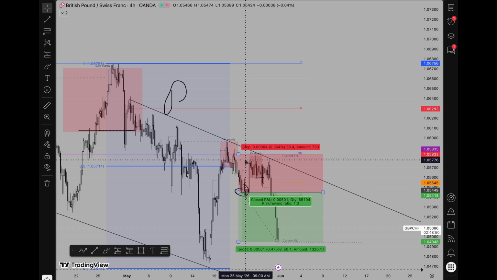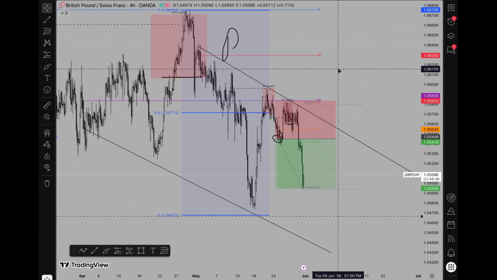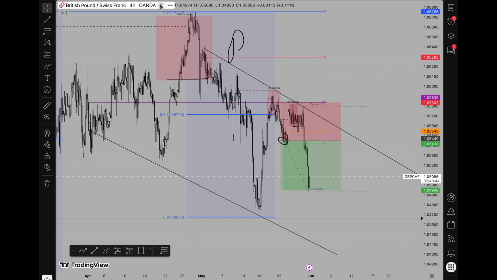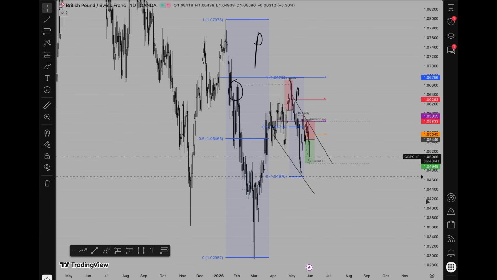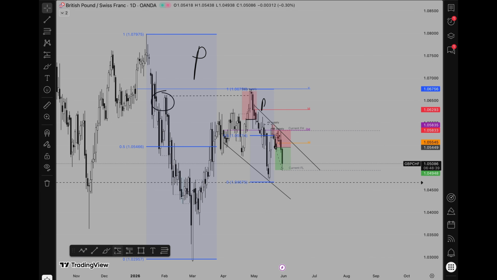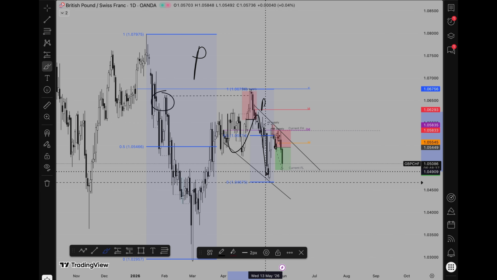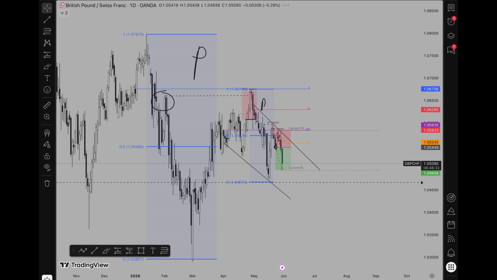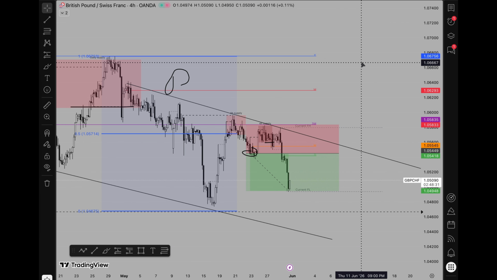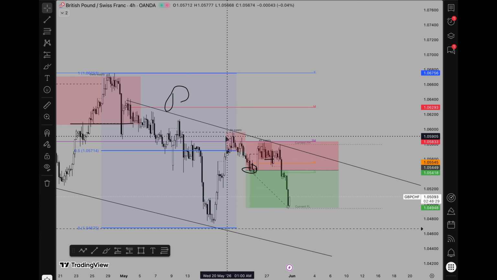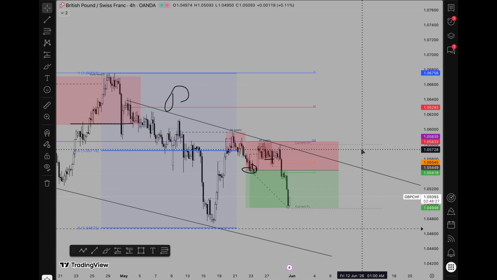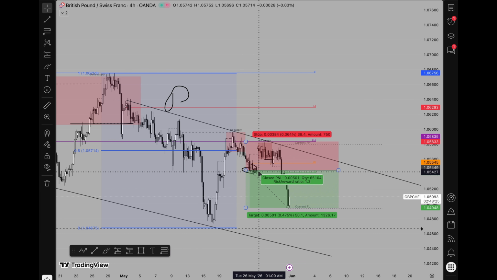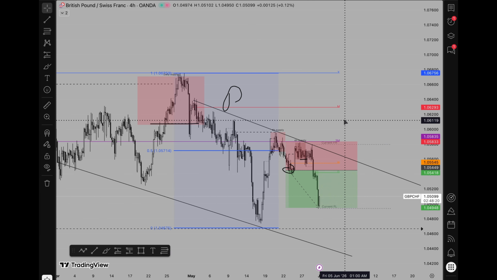However, this area of supply was still in control. And as we can see here, I drew these two trend lines, and we can see it better and appreciate more in the daily time frame. We see that it has been respecting that descending channel or that bearish channel. And so we see that price was still respecting that area of supply and that trend line channel, even though there were all these releases of risk on news.